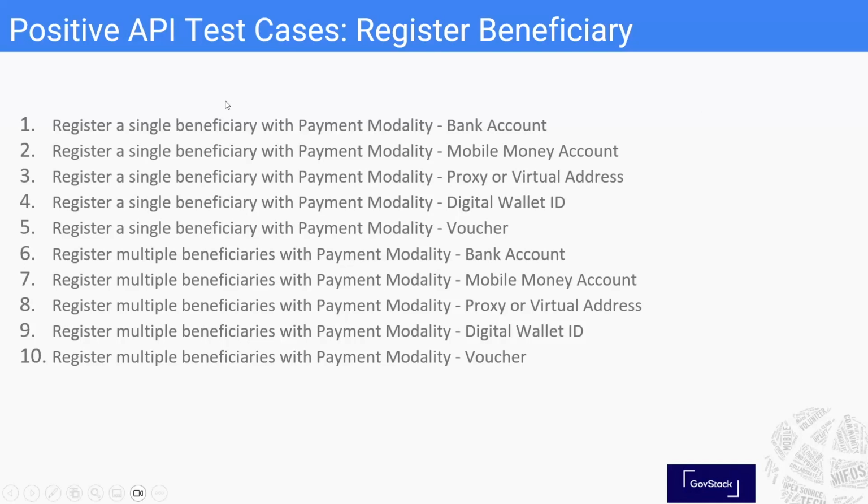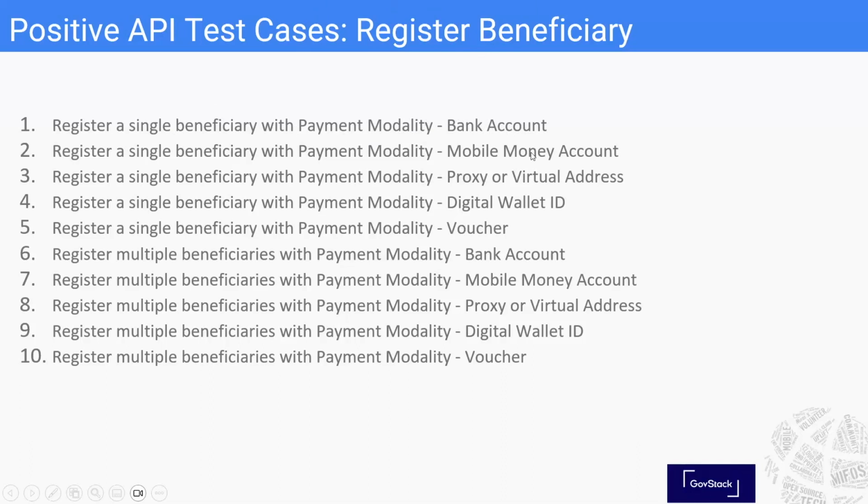So some of the things through which this could be tested are some of the positive API test cases. Again, all of these are for API testing, the positive API test cases for register beneficiary. We're going to quickly skim through these and we could discuss them. This is just showing how we test each of these functionalities. For testing positive cases of register beneficiary, it could be to register a single beneficiary with the payment modalities, because all of these payment modalities are allowed.